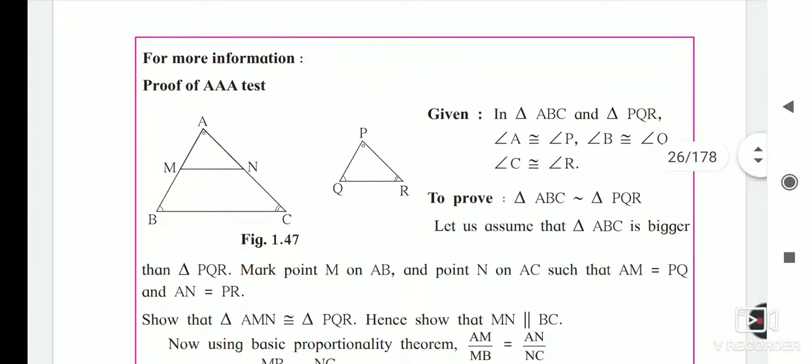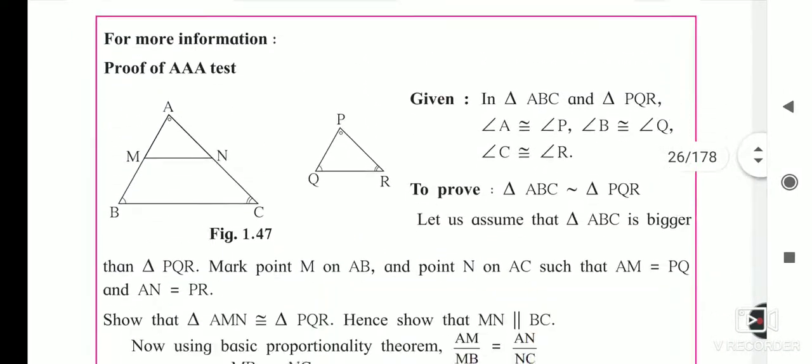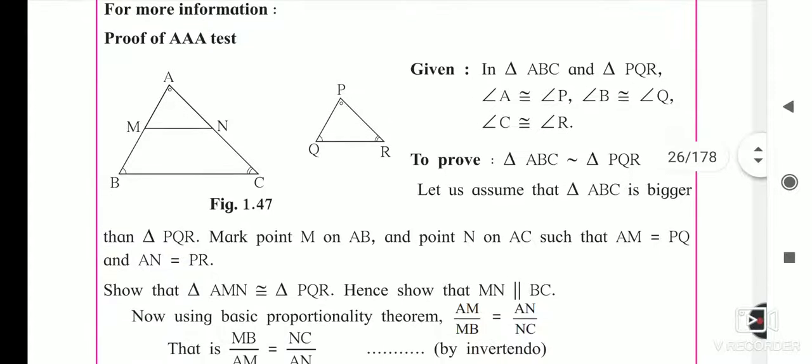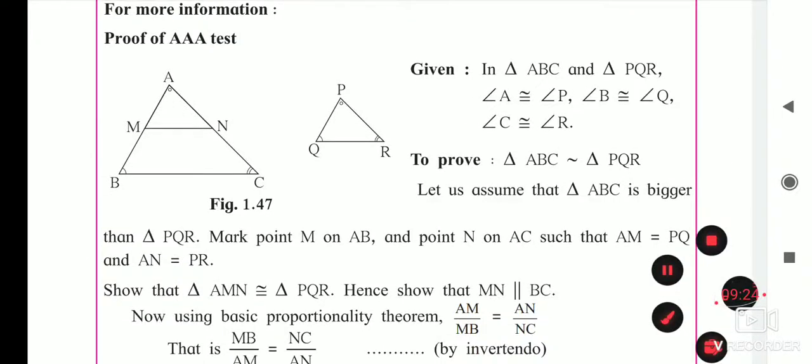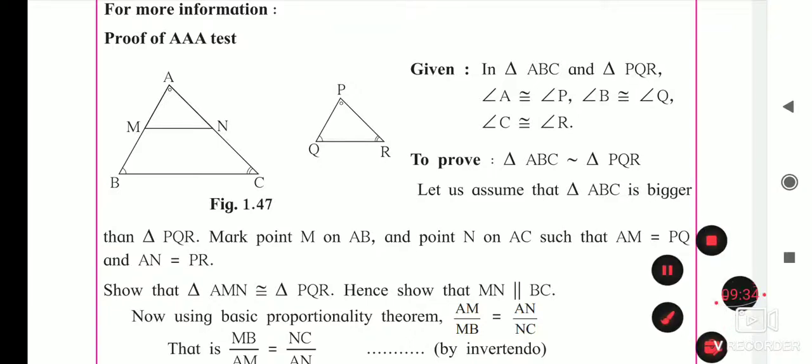Now the next point, for more information, is the proof of the AAA test of similarity. If all angles of a triangle are congruent to all angles of another triangle, then these two triangles are similar to each other. Let us assume that ABC is bigger.